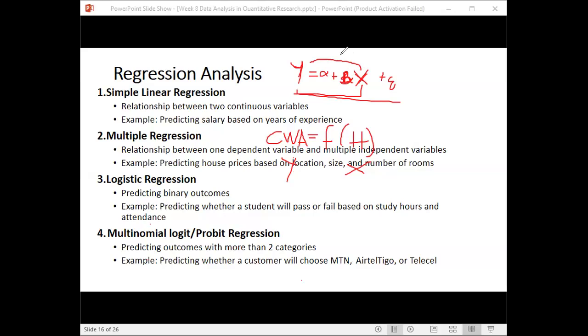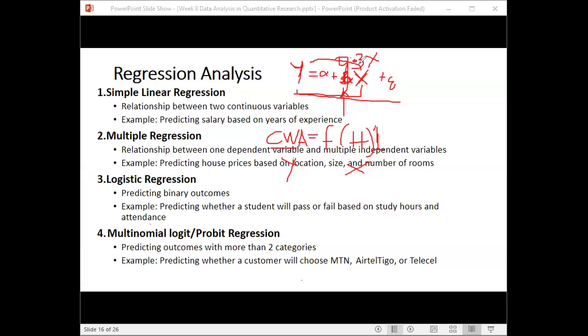Now the results can be maybe 0.3x. So the software is going to measure this beta for me, right? And assuming the beta has given me 0.3x, what it's telling me is that if I increase the number of hours I study by 1 unit, it should increase my CWA by 0.3 units.